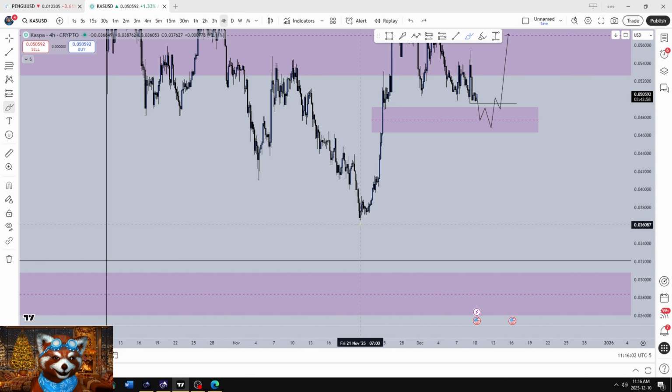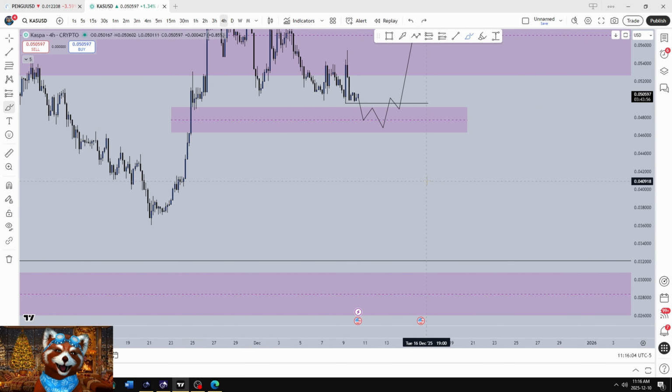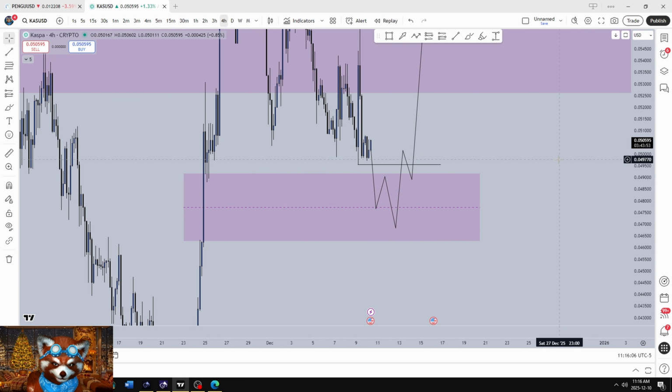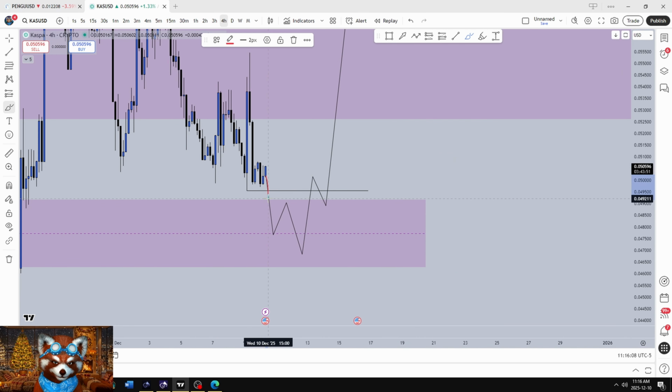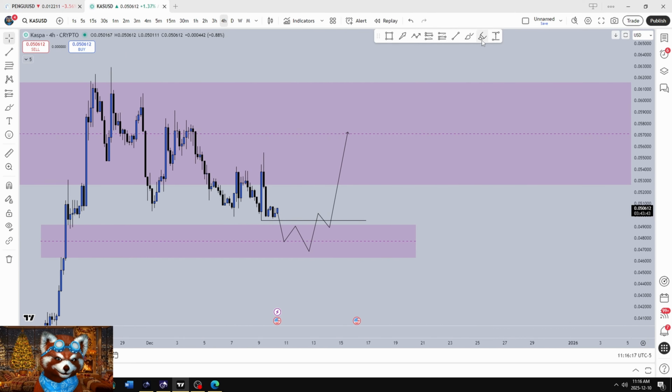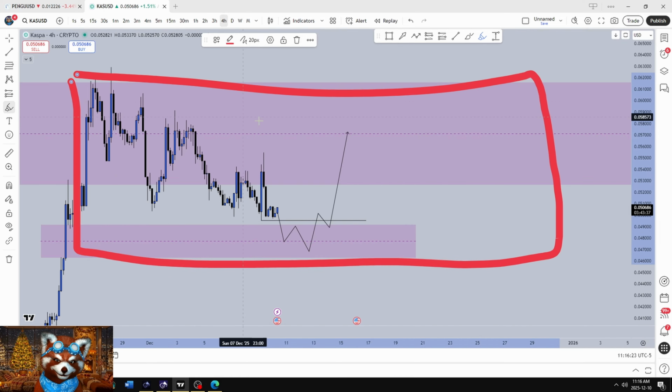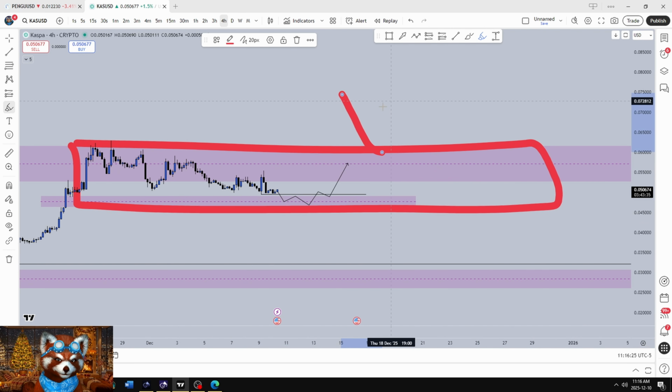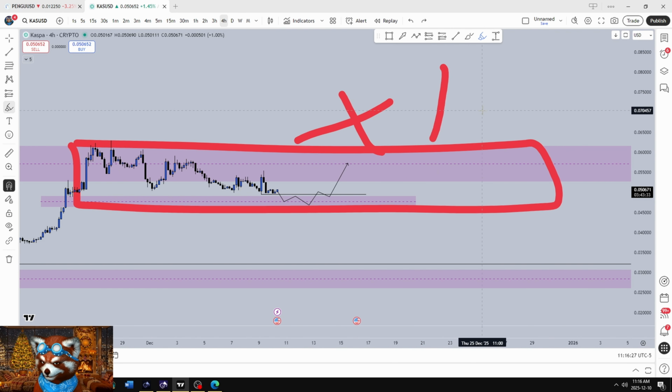Now, I'm not saying that that's going to happen. You just have to look at how price wants to react off of this zone. If it sweeps, reacts, consolidates a little, goes back up, more likely than not, we are going to be trading within this kind of box formation, right, that we have been seeing on the chart. So this big box until price is ready to close and push above, right?